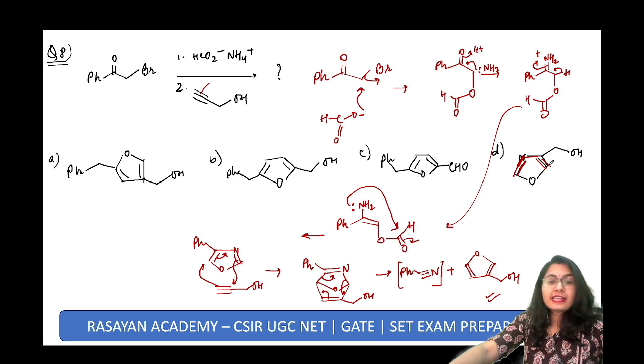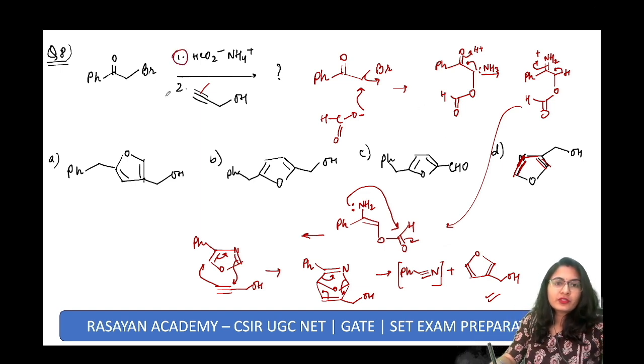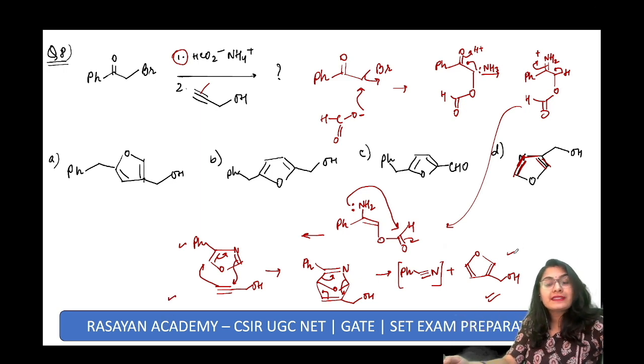This question has been asked in your examinations also, but I just have added one more step. It is a question from the books itself. So in your examination, this heterocyclic ring and this alkyne was given and you just had to form this furan. But that will be too easy, right? If I don't give you this one step for the formation of this heterocycle, it will become very easy.